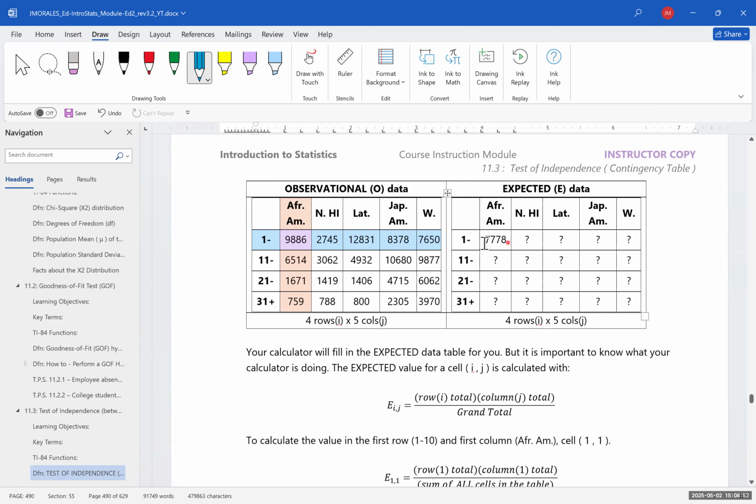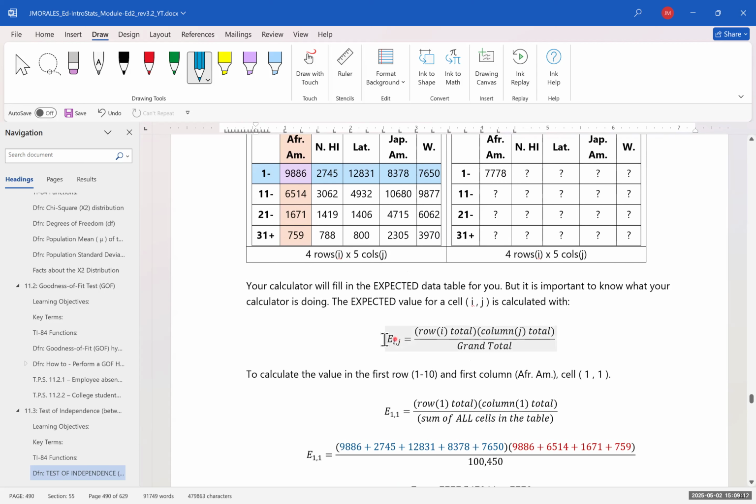Now, here's the expected value for this African American ethnicity with this first smoking level. It's 7,778. So how did 7,778 get calculated from all of this?